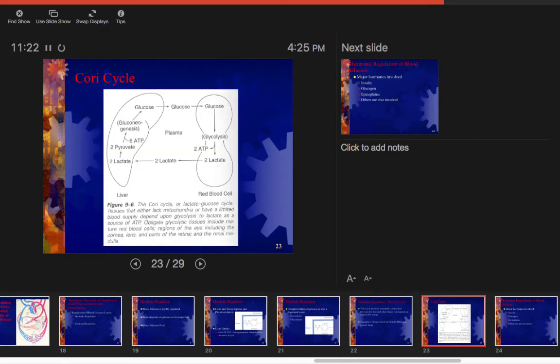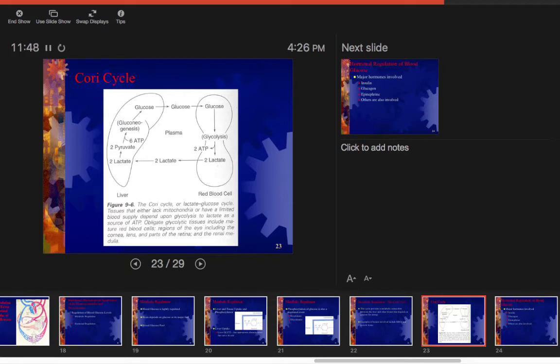So if we look at this diagram, we can modify this basic diagram a little bit by putting muscle cell here too. So red blood cell and muscle cells are two of the most important tissues in this process. So let's start in the blood with glucose right in the middle.